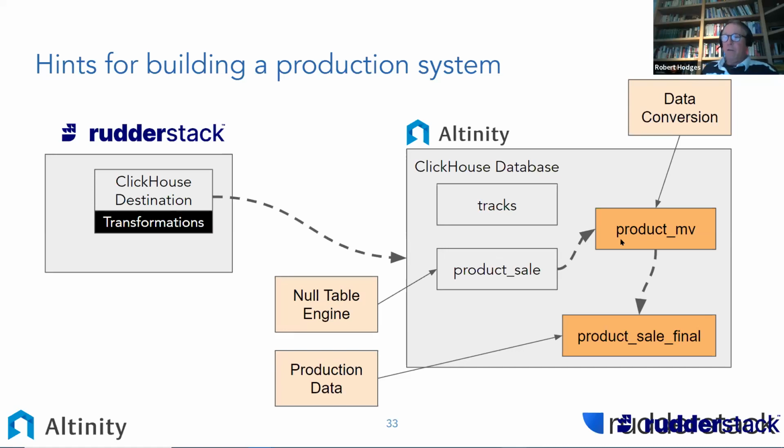But the other thing you can do is build a materialized view that takes that data coming in from RudderStack, applies these transformations as I showed you in the previous section, and then sticks them into a final table, which is where your apps run from, and where you can get very, very efficient disk storage and very, very high performance. So this would be one way to take this demo that we have and move it onto a production footing.